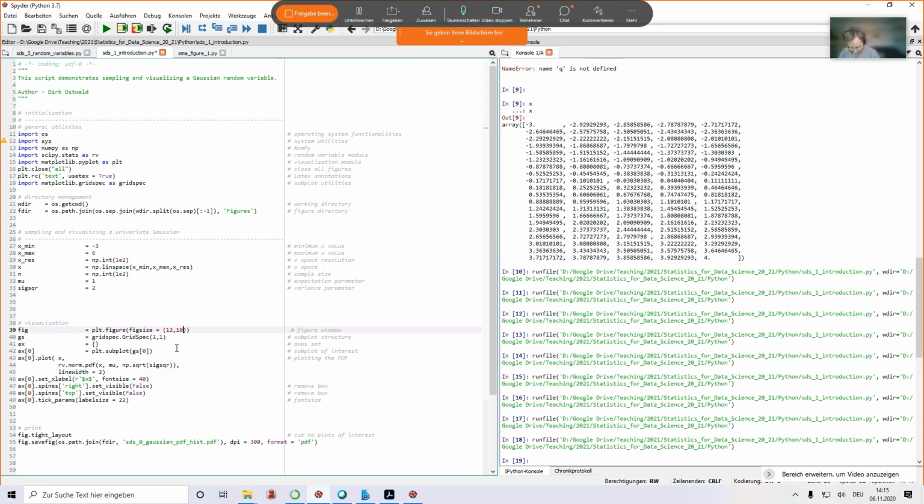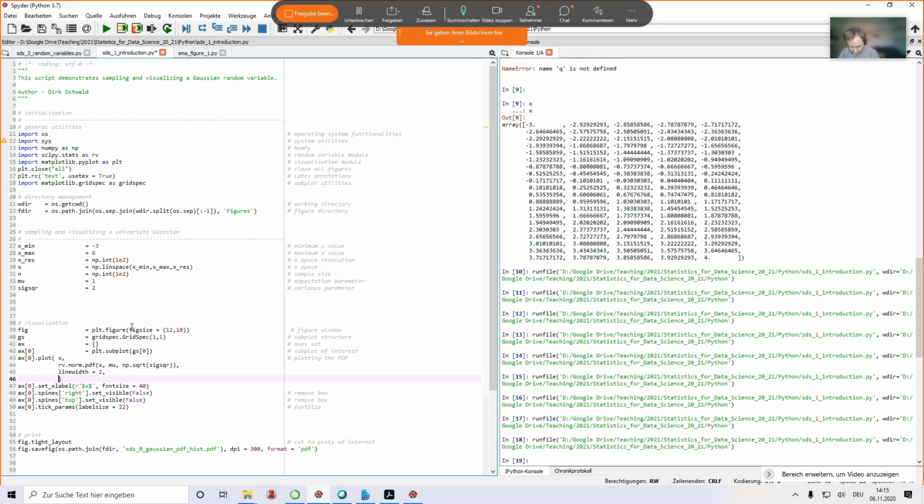And yeah, if you're plotting multiple things on top of each other, what's also helpful is that you put a label to your plot.